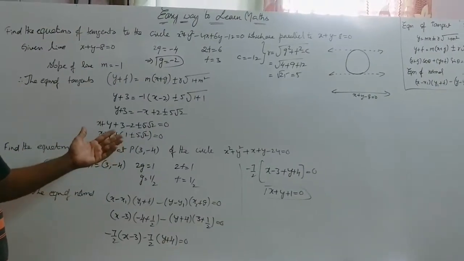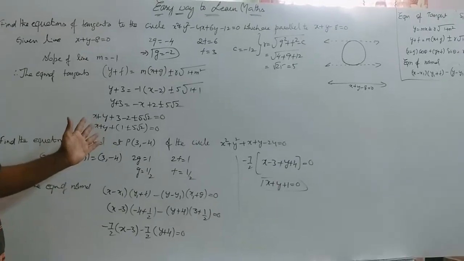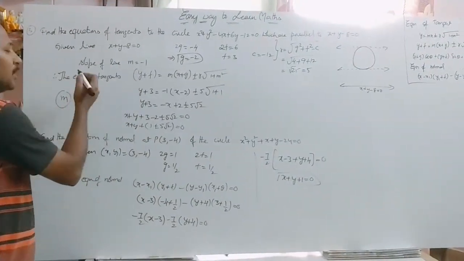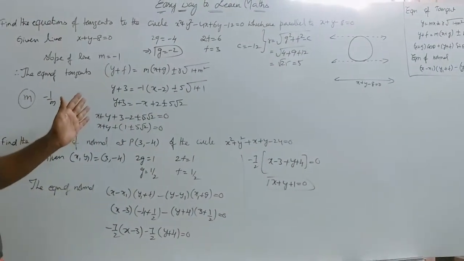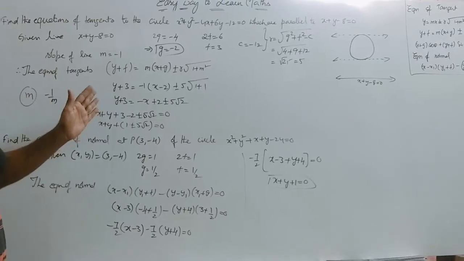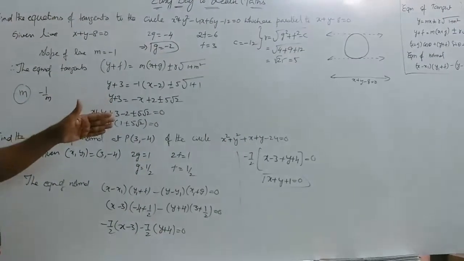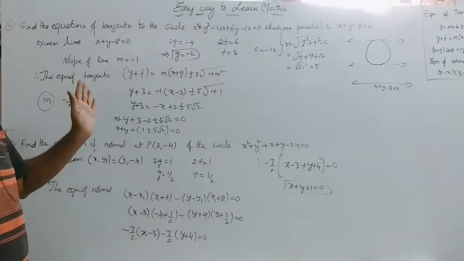Then the slope of the normal is perpendicular to the tangent. If it is m, then the slope of the normal is nothing but minus 1 by m. We have to simply substitute in the formula y minus y1 equal to m into x minus x1. Here the point is the same: the point of the tangent as well as the point of the equation of normal is the same point.